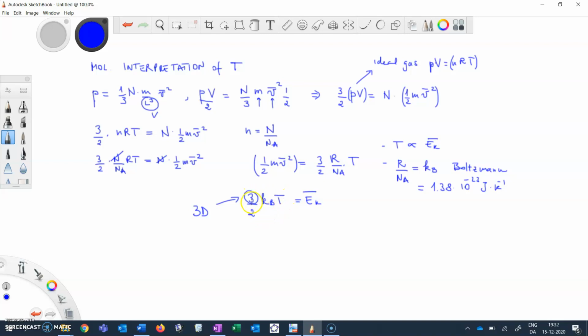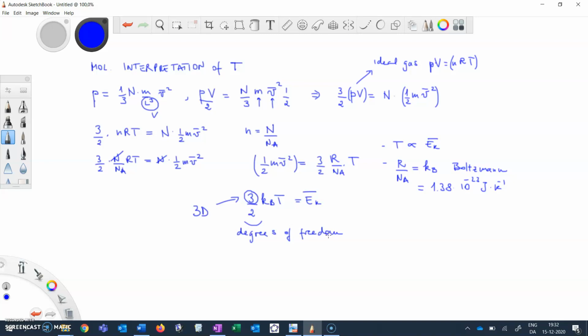This number is very important. This factor in front is very important because it relates to what are called the degrees of freedom of the molecules. In this case, we're just studying molecules that can move in the X direction, in the Y direction, in the Z direction.